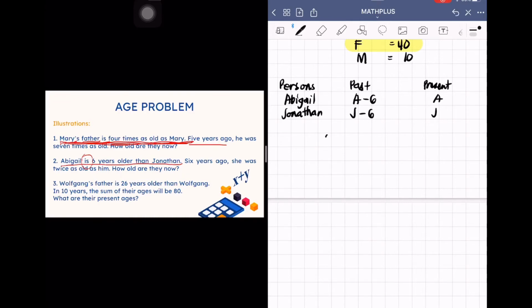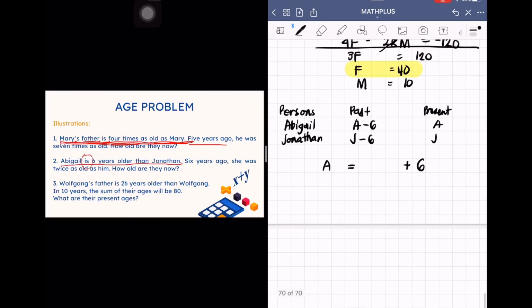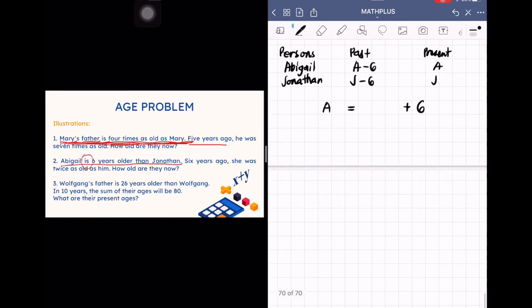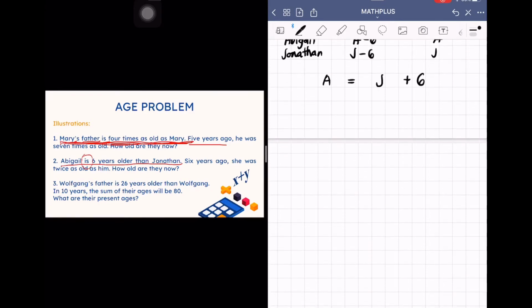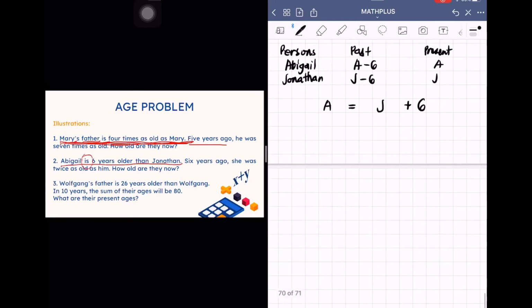So, you have A, Abigail is, that's an equal sign, 6 years older than Jonathan. That means 6 years more than Jonathan's age. 6 years ago, which means I'll be using this one naman as my representations of Abigail and Jonathan's age. So, 6 years ago, she, that refers to Abigail.